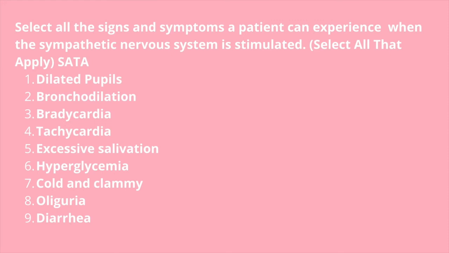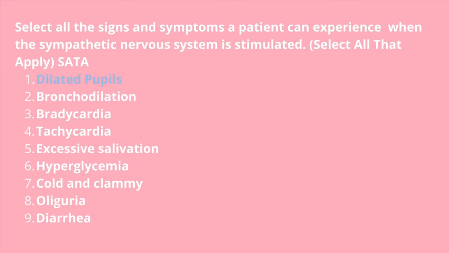Excessive salivation is not for that hyper person, since that person can breathe properly, so there is no secretion, so excessive salivation is not. And that person is very hyper, so he needs a lot of energy. That is the reason why he's hyperglycemic.